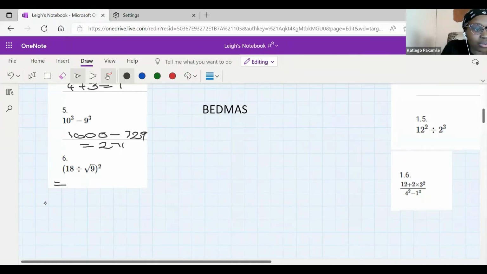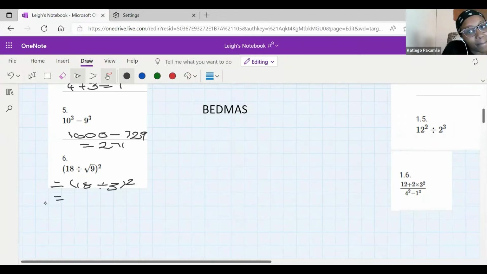So we're inside the bracket. So you first say the square root of 9 is 3. Okay, then what?